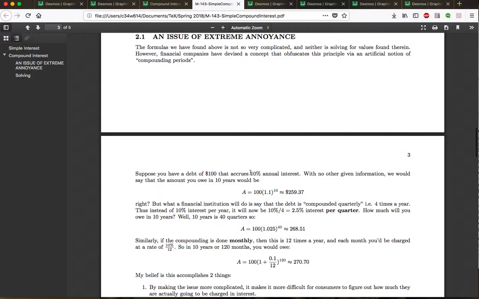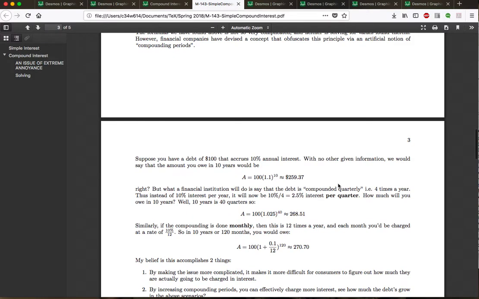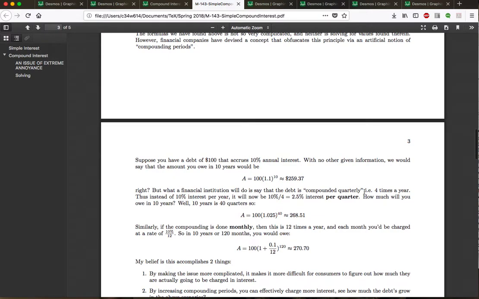So for example, you have 10% annual interest, you would think that you would get charged 10% a year. So if you borrowed $100, in 10 years you'd owe 259.37. But what they'll often do is they'll say it's 10% a year, but compounded quarterly, which means compounded 4 times a year.